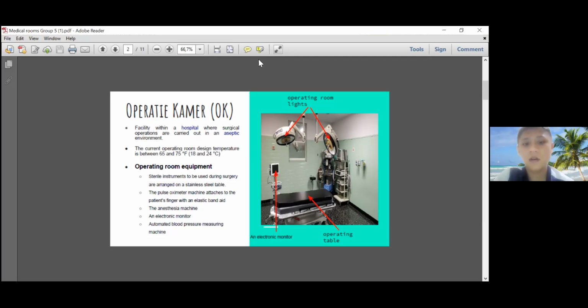And the second is the pulse oximeter machine attached to the patient's finger with an elastic band aid. So this is the operation table, and this is an electrical monitor, and this is the anesthesia machine, and there is an automatic blood pressure measuring machine that is not seen in this slide.